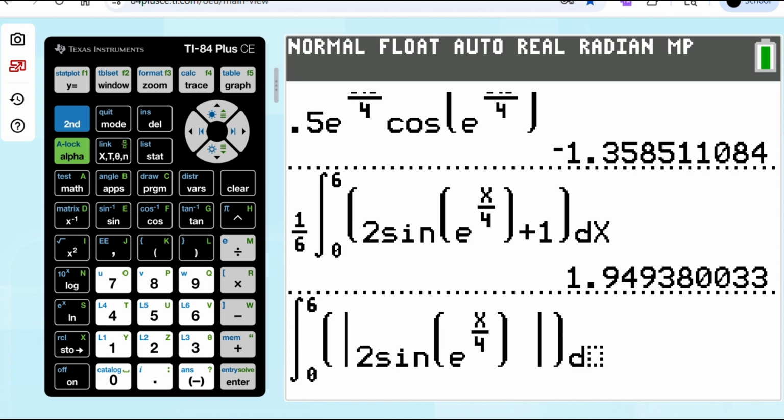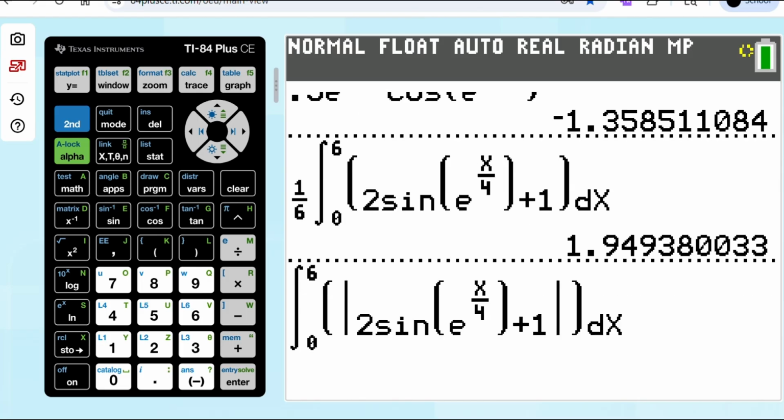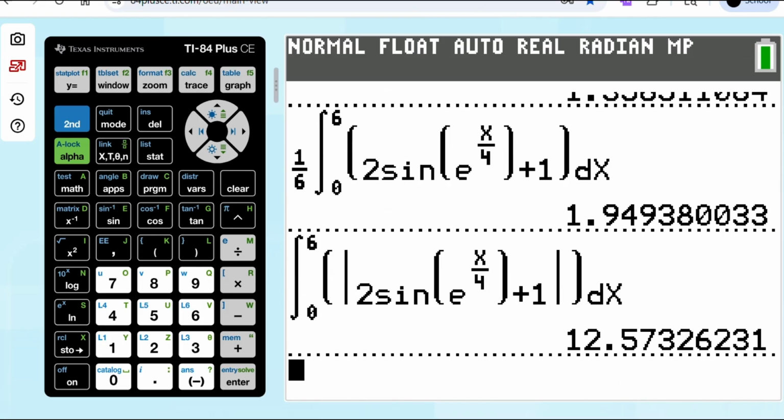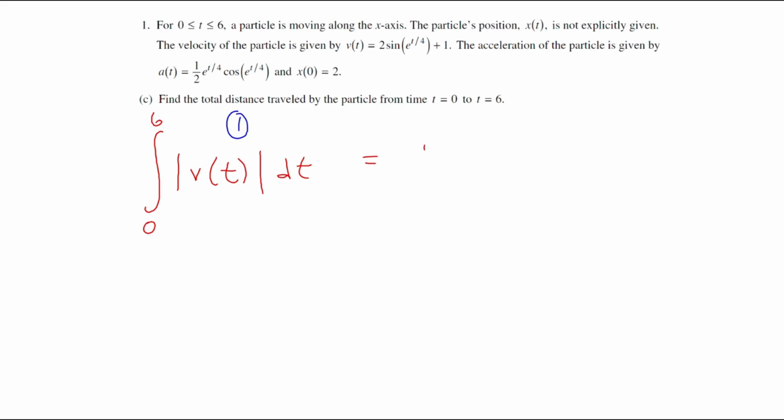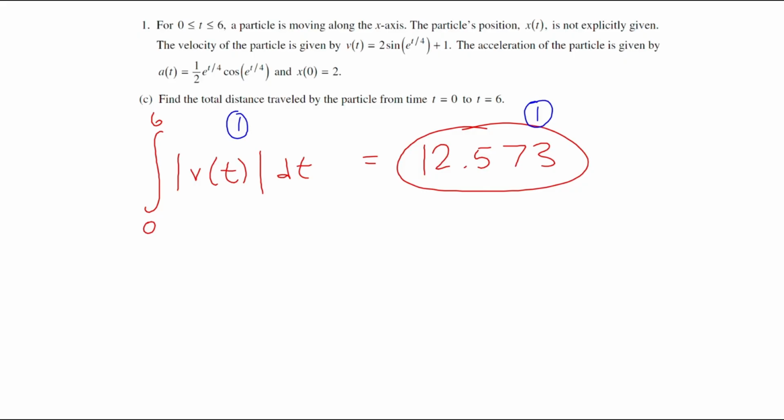Close that parenthesis, and then our plus 1. And then, of course, your dx at the end. And after a second there, it gives us 12.573. And, of course, we'll get 1 point for that. So there's 6 of the 9 points already.